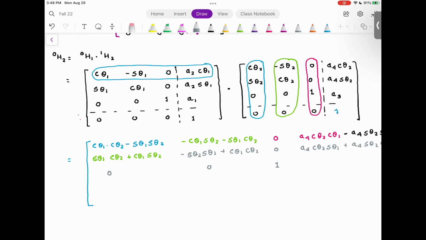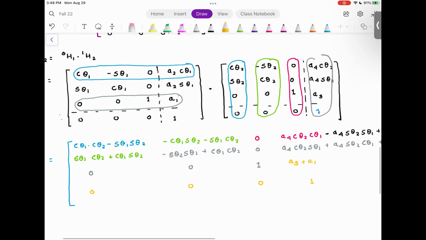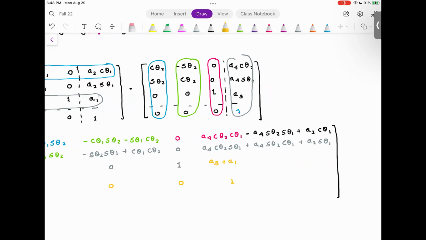I will point it out once again: this term multiplied by this term. 0, 0, A3 multiplied by 1 plus 1 multiplied by A1. And 0, 0, 0, 1. Are you with me so far? We have solved the forward kinematics problem.